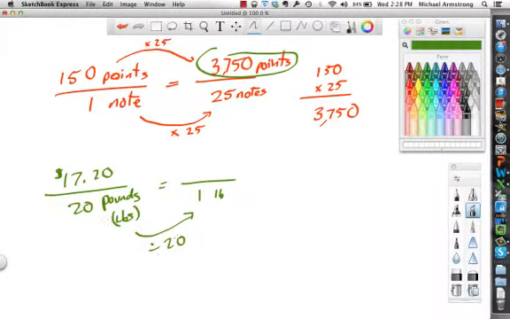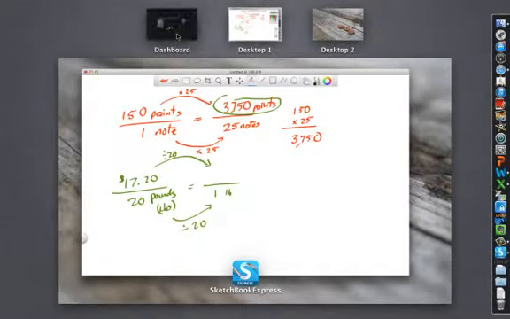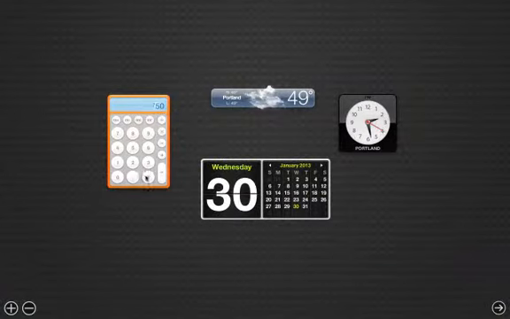20 divided by 20 is 1. So 17.20 divided by 20 is some number. And again, straight to the calculator for this. 17.2. That's the same as 17.20. Divide by 20, and let's see what we get. Should be less than $1 a pound.